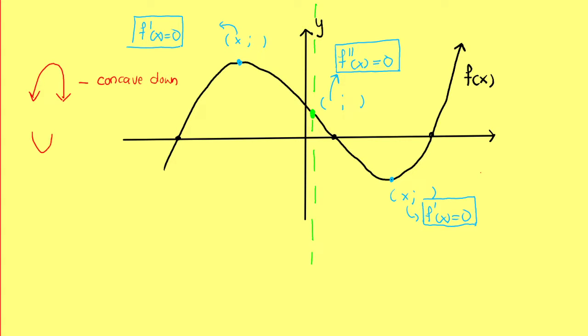The smiley part of your cubic will give you concave up. So just by looking at this, here we have the frowny face of our cubic, so we have concave down. And this side we have the smiley face of our cubic, so we have concave up.